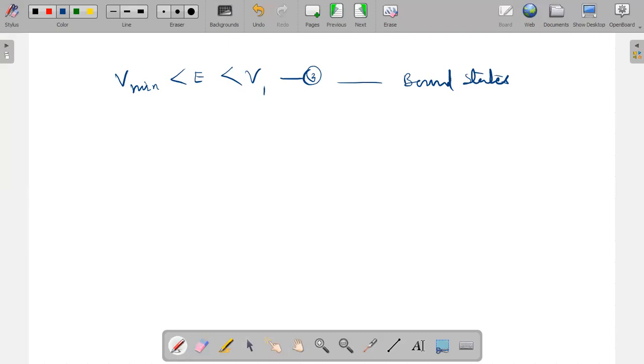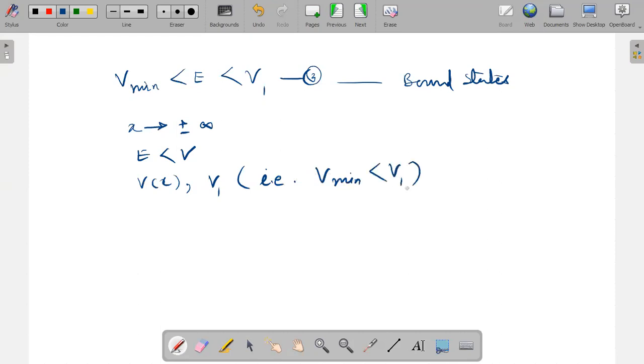And they are defined as states whose wave functions are finite at x tends to plus or minus infinity. Usually the bound states have energy always smaller than the potential, where we can say that E is less than V. For the bound state to exist, the potential V of x must have at least one minimum which is lower than V1. Therefore, V minimum is less than V2.